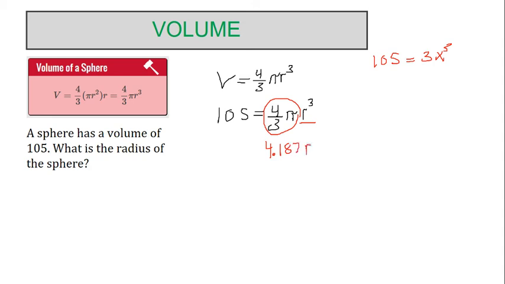So 4.187 times the radius cubed is equal to 105. Next step, just like in this step here, I would divide both sides by 3 if I were solving this problem. Remember, these are two separate problems, so don't get them confused. In this case, I'm going to divide both sides by our 4.187.